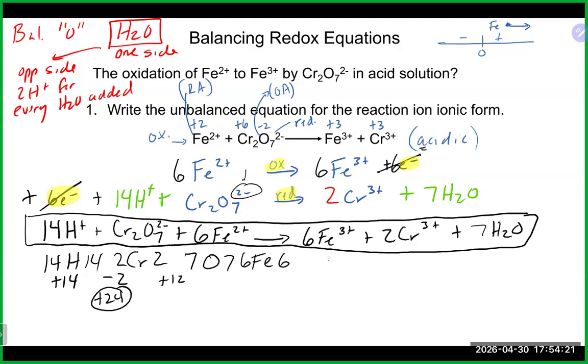Right-hand side, we got a plus 18 for the iron, a plus 6 for our chromium, and a 0 for our water. And 18 and 6, I hope, is plus 24. So again, we're balanced in both ways, like a normal equation. Same number of elements, and the overall charge on each side is also balanced. First off, any questions on that? This would be balanced in acidic conditions.